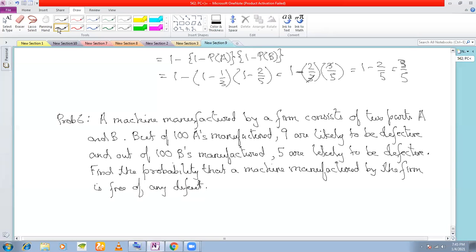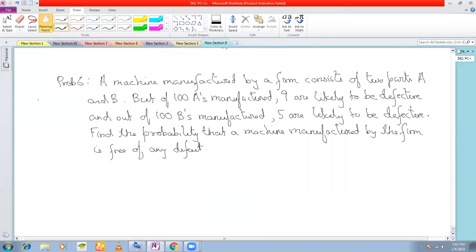Looking at the problem, can you tell me which problem type this is? The machine consists of two parts, A and B. Now, when will the machine be defective? If at least one of the parts is defective, it will not function.